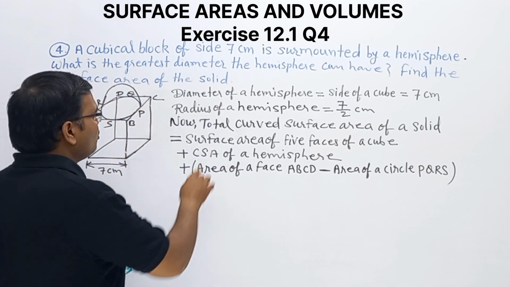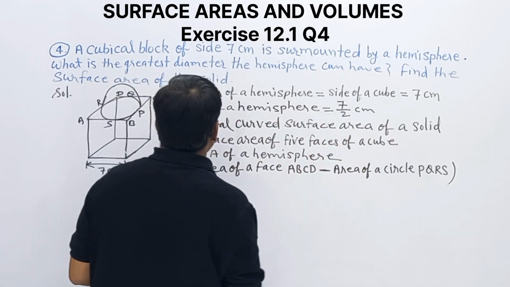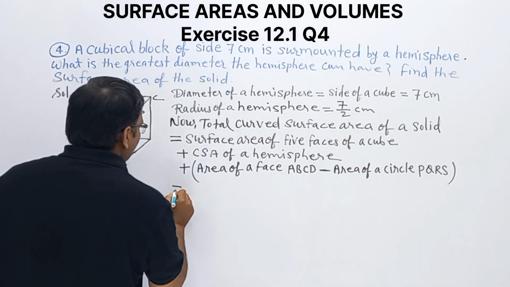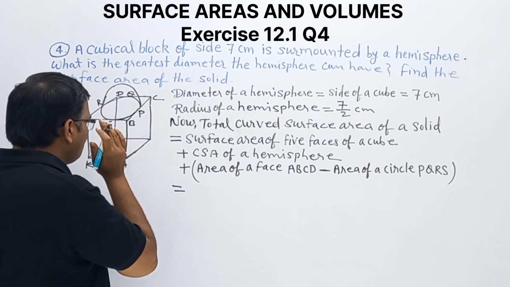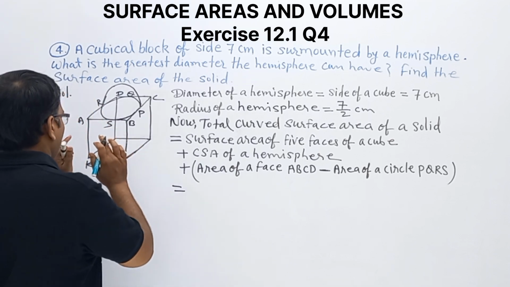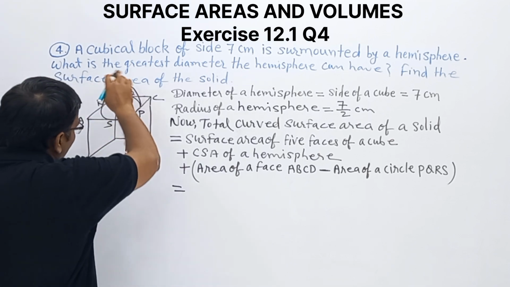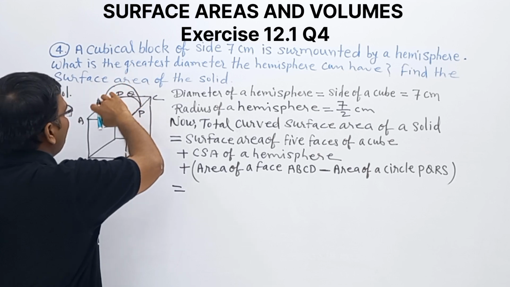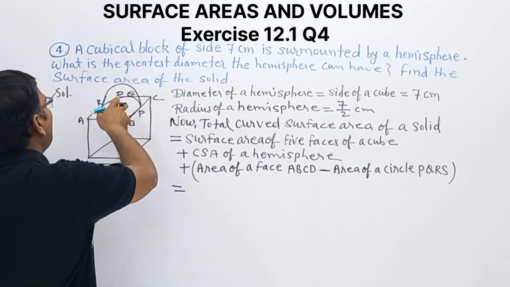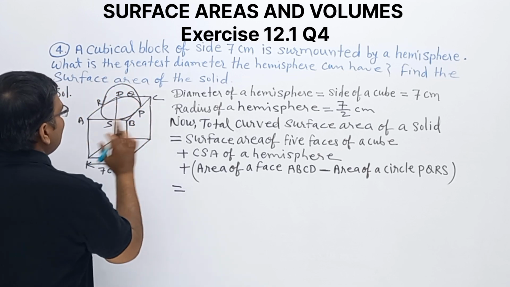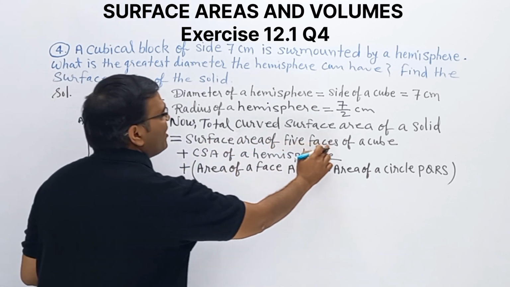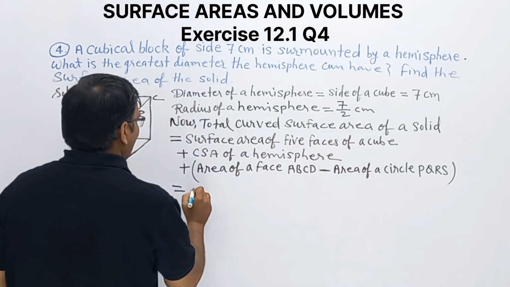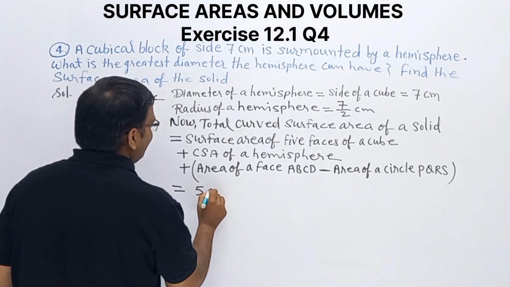So the total curved surface area of the solid will be the surface area of 5 faces of a cube. We have a total of 6 faces, but on the top face we surmounted the hemisphere, so we consider the first 5 faces, and this can be written as 5a square.